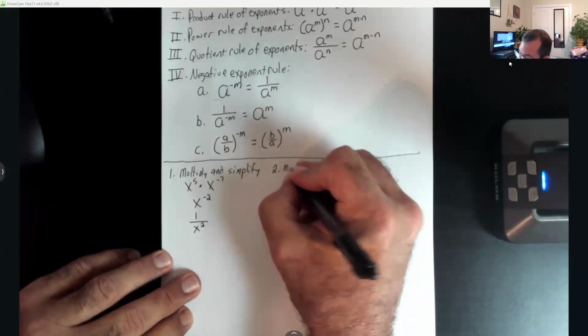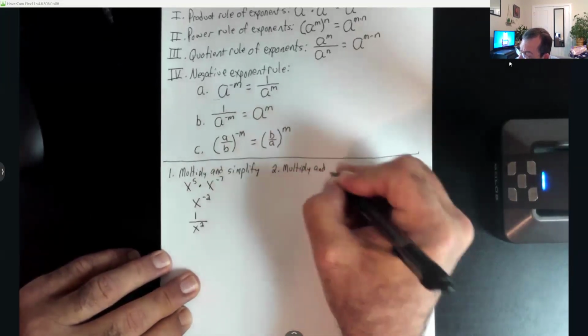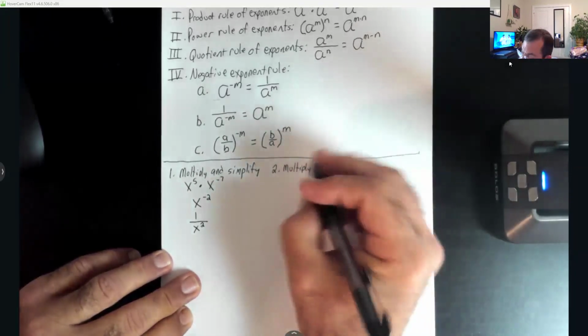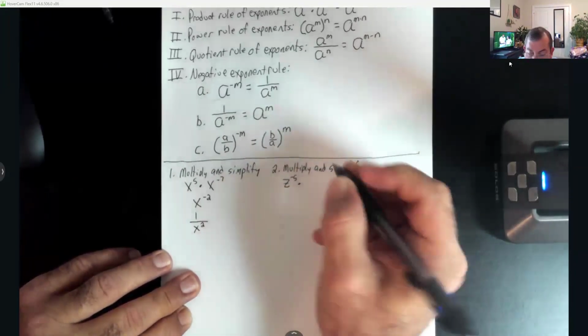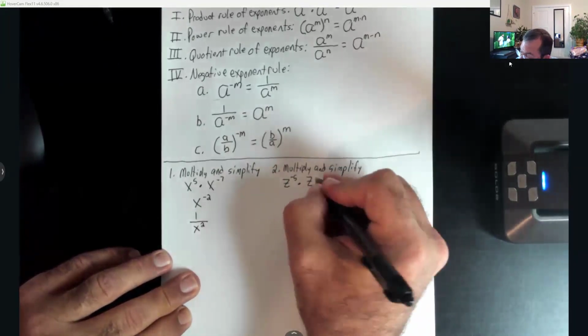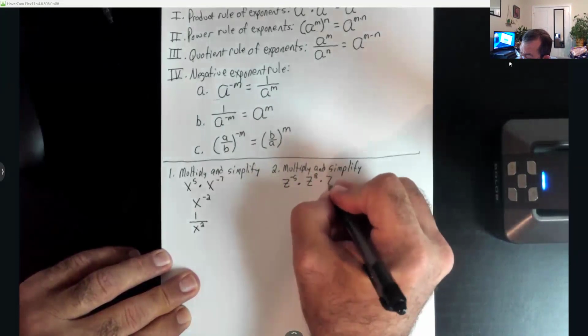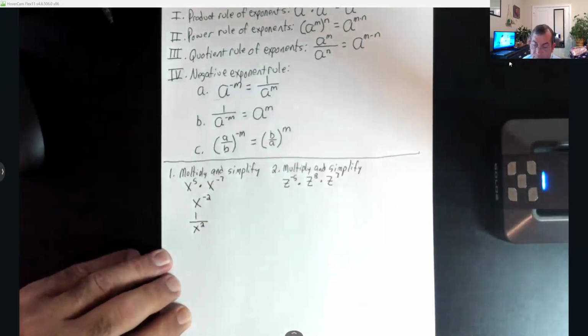All right, y'all, number 2, same thing. Multiply and simplify. Z to the negative 5th times z to the 8th times z to the 7th.